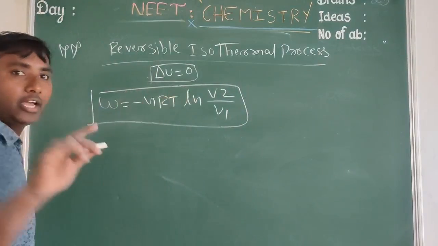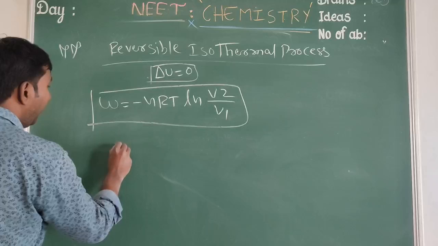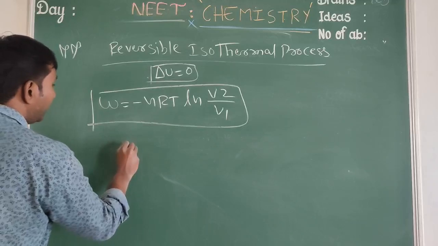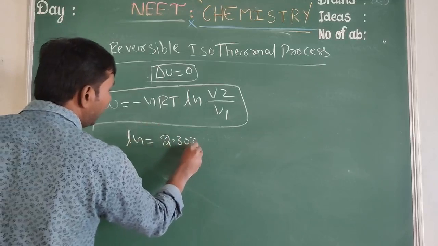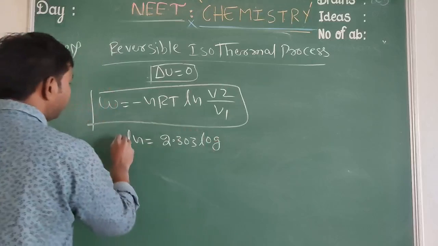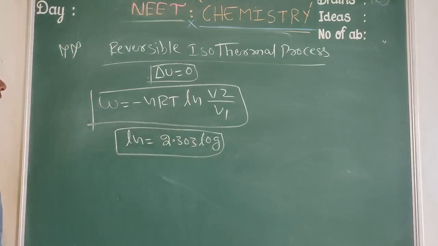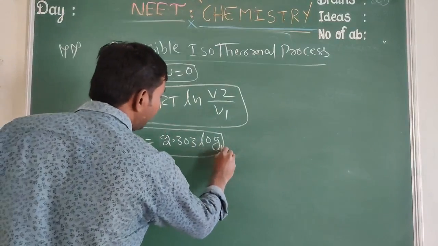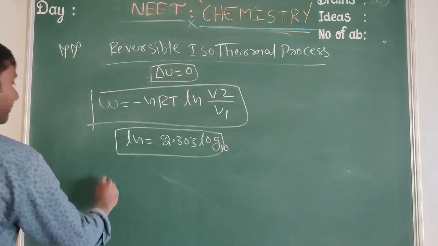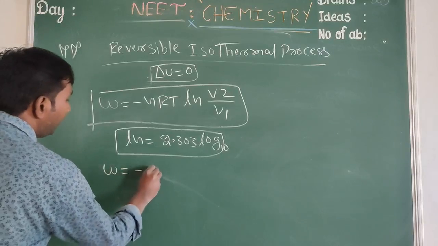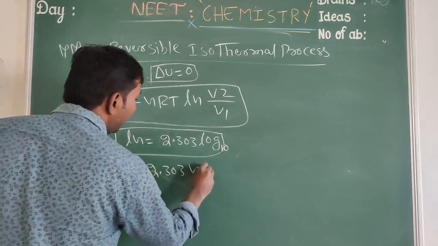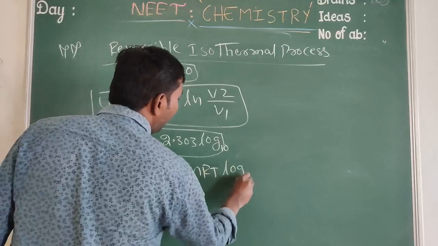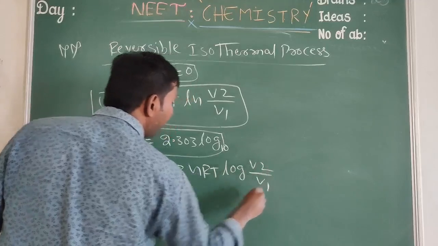Otherwise, ln converts to log: ln equals 2.303 log to base 10. Then W equal to minus 2.303 nRT log V2 by V1.